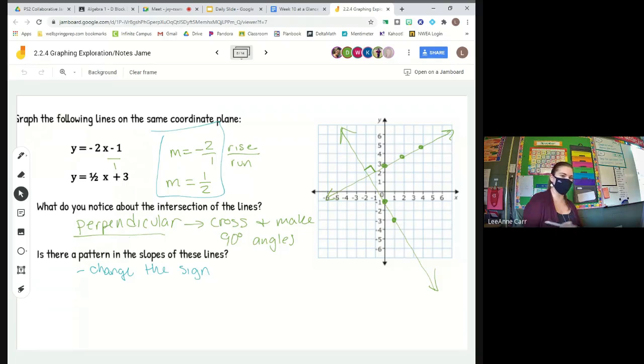And this is the other really big important thing that you're going to want to make sure to write down today. Okay, so the first thing we would do if I want to write a perpendicular slope, I'm going to change the sign. The second thing that both of you noticed as well is that we are going to flip the numbers.